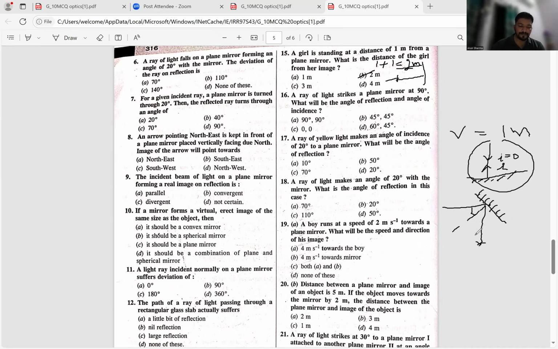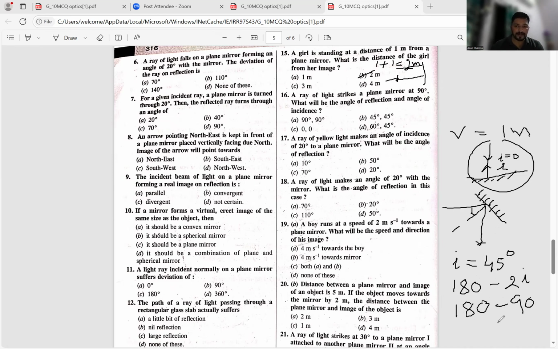If i is equal to the incident ray, if we consider the incident ray is at 45 degrees, then i and r are equal. So the total angle is 180 minus 2i. 2i means, you understand, 45, so 2i means 90.